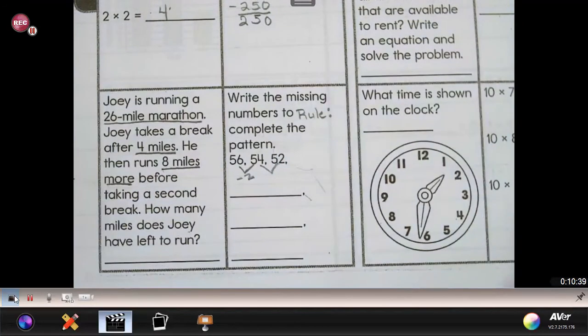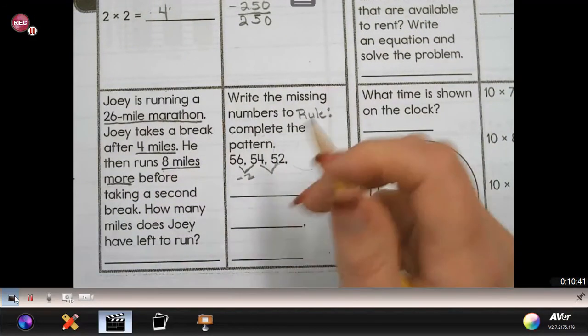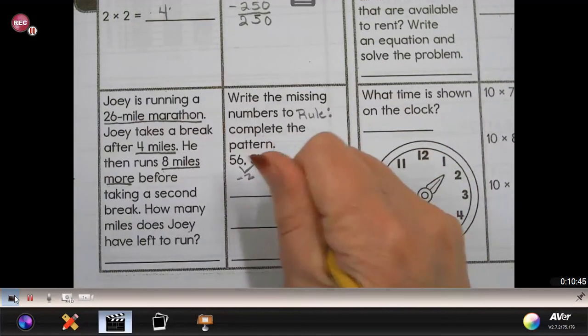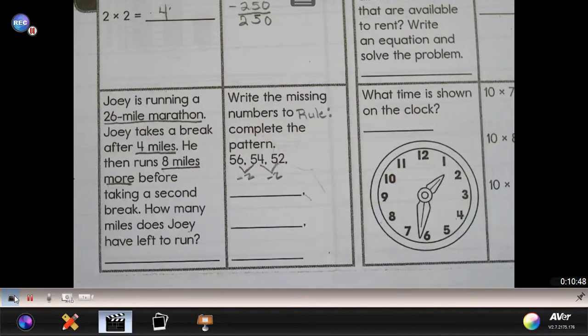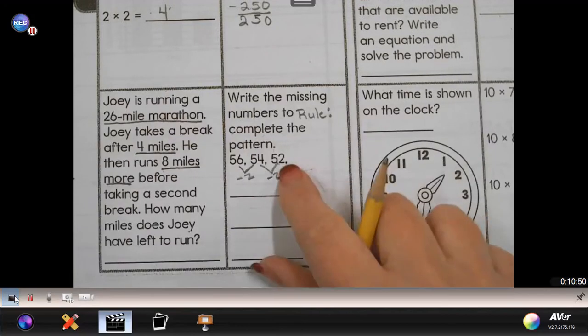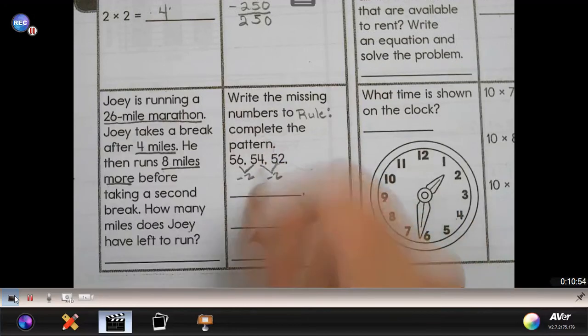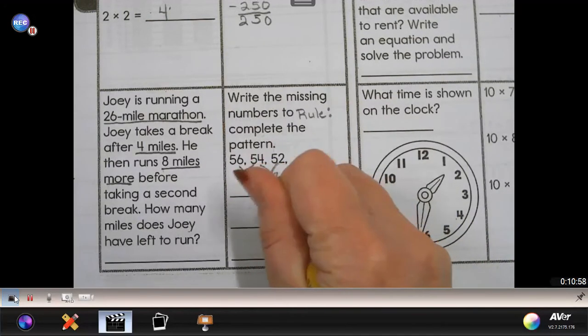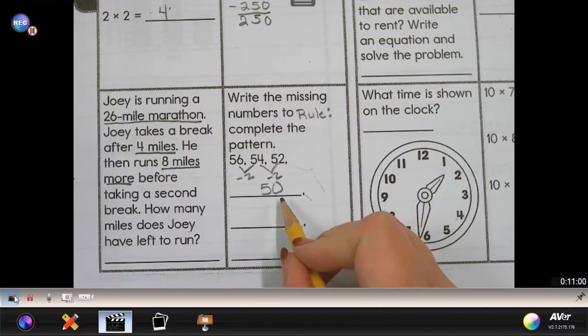So if I take 54 and subtract 2, that would be 53, 52. Yes, we're subtracting 2 each time. So if I subtract 2 out of 52, you guessed it, it should be 50. And then I subtract 2 more from here. Now remember, these are all even since I'm subtracting 2.